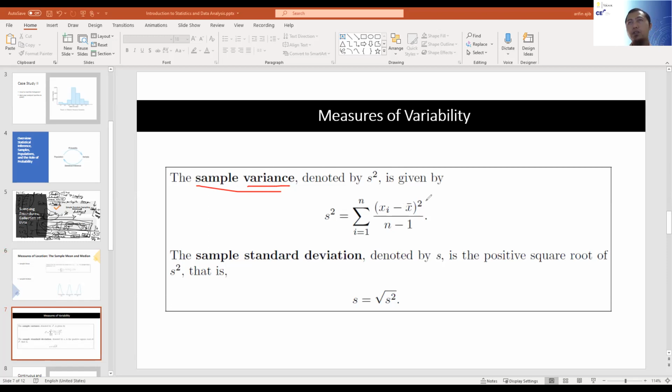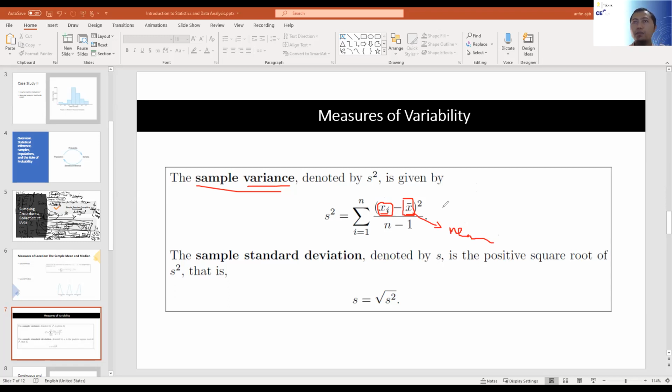Because of the difference, this data should be measured with some reference, right? In this case, the reference is the mean.